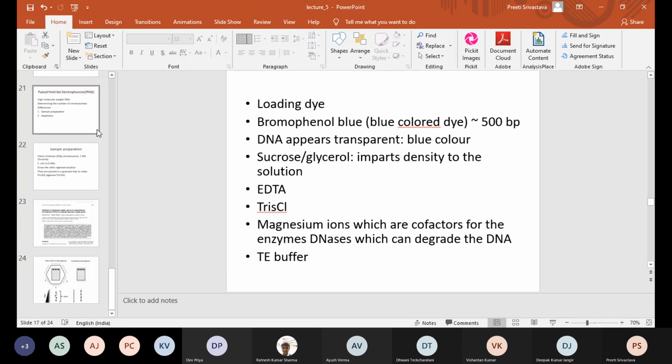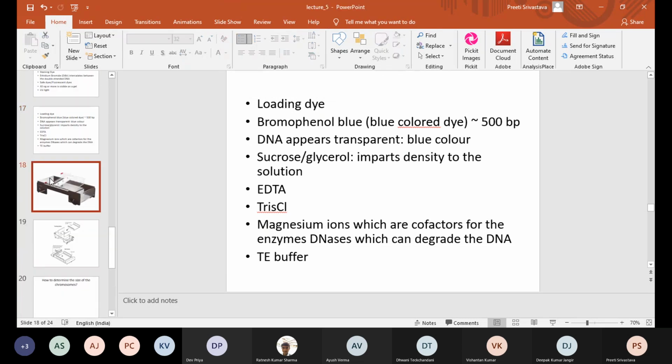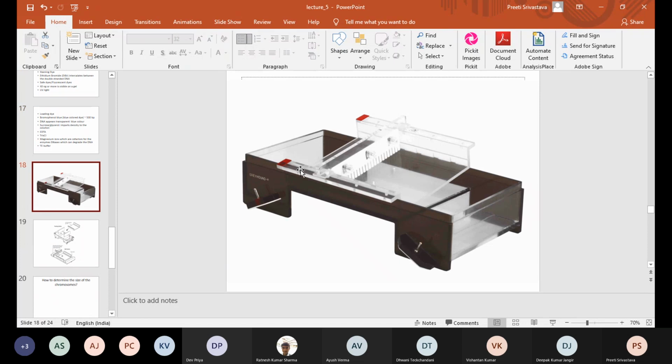So if you now look at the gel, this is the horizontal gel electrophoresis assembly. This is the tank. You fill the tank with buffer, TAE or TBE. This is the plastic tray and this is the plastic comb, right? We seal this plastic tray from both sides with sellotape, and then we prepare the agarose gel, 1% gel or 0.8% gel or 0.4% gel, whatever gel.